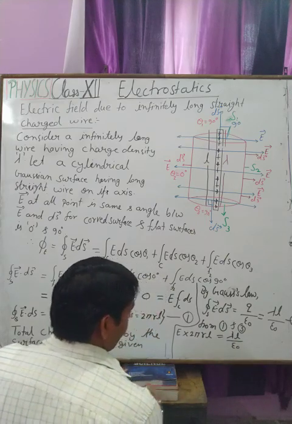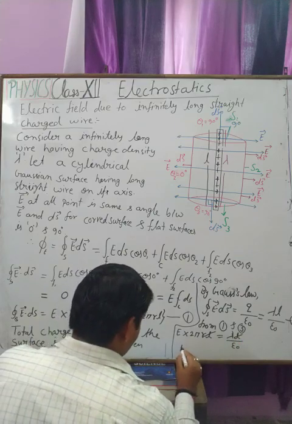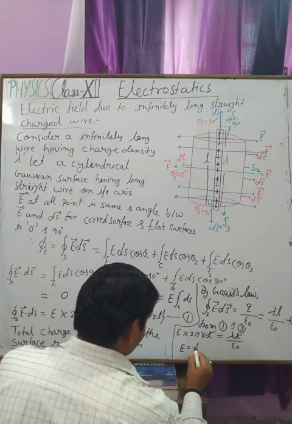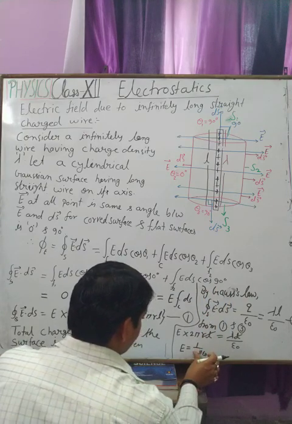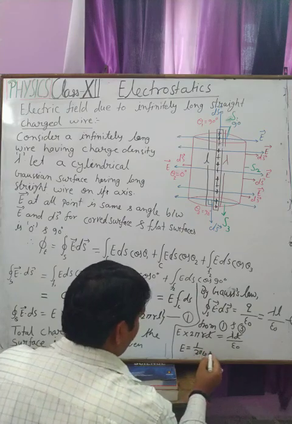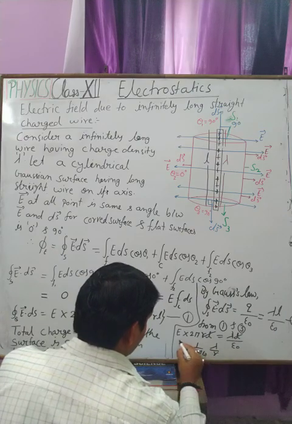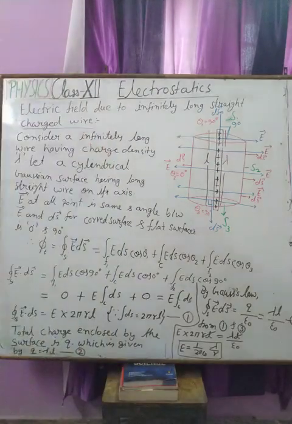Now student, this L is cancelled and we are getting the value of electric field due to the line charge wire as 1 upon 2 pi epsilon naught lambda upon R. This is the electric field due to the straight long wire. Copy this.